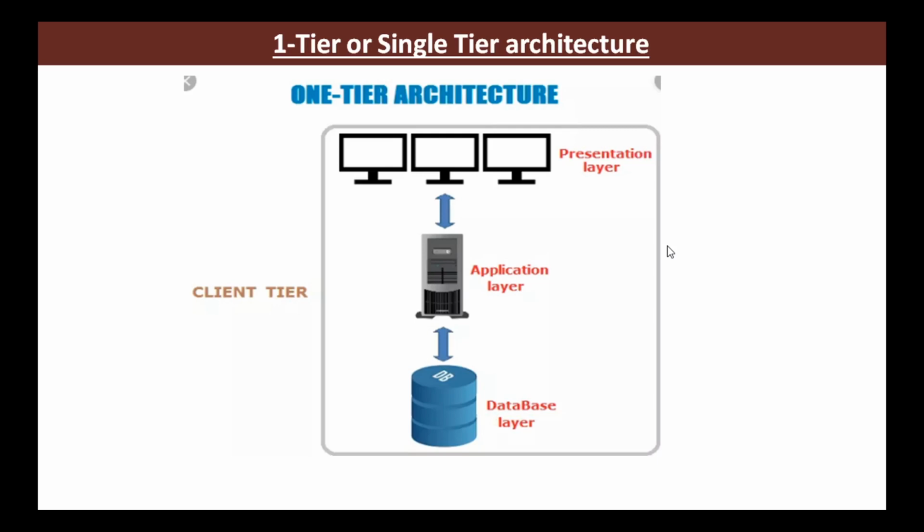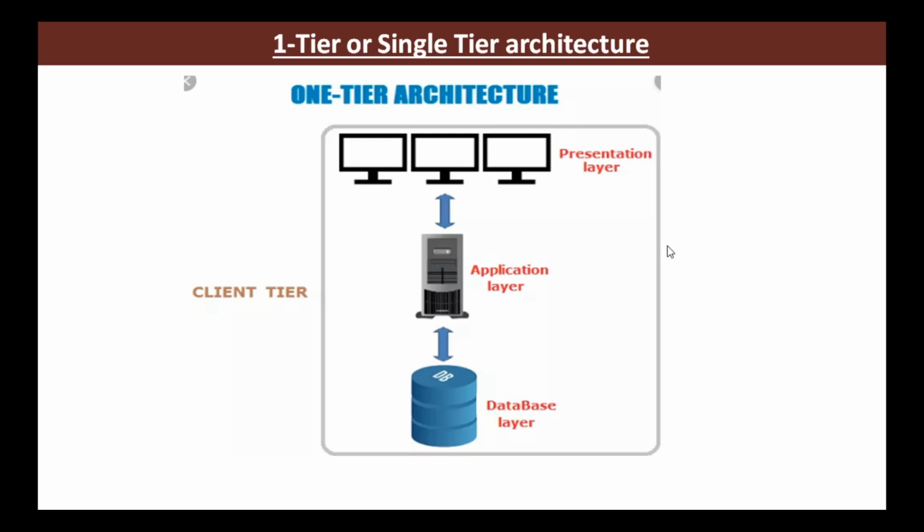Coming to the application layer, this is also called the application server, which contains the application programs which are used to access the data from the databases and manipulate the data in the databases. All the processing is done in this layer only.